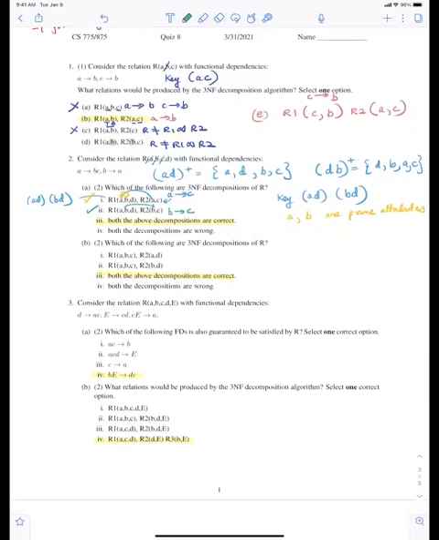Okay, so then let's look at the next one. Which of the following, again, it's the same. So I'm looking at the same relation R. And now we're looking at ABC and AD.